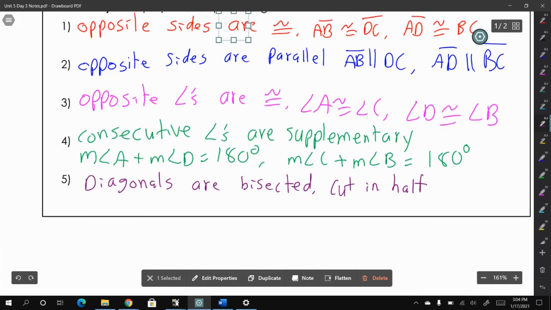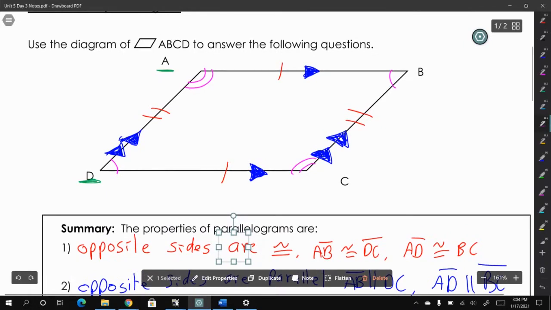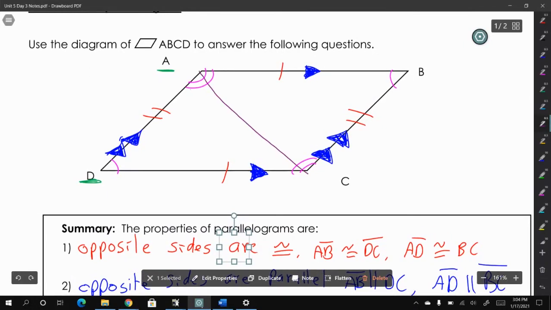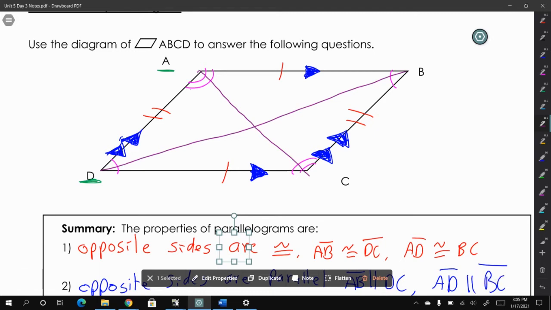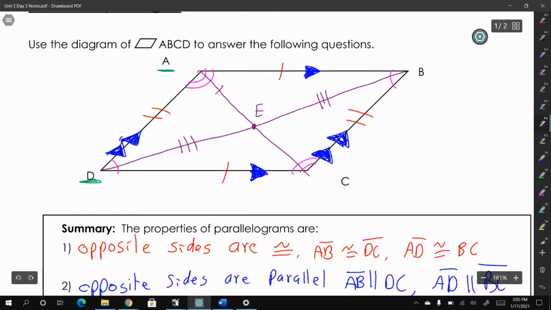So if we look at our picture up here, if we draw the diagonals, oh, that's terrible. They cut each other in half. So what that means is that if we call this intersection point E, that DE and BE are congruent to each other, and AE and CE are congruent to each other.